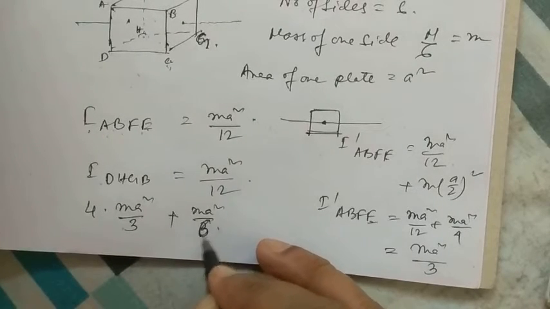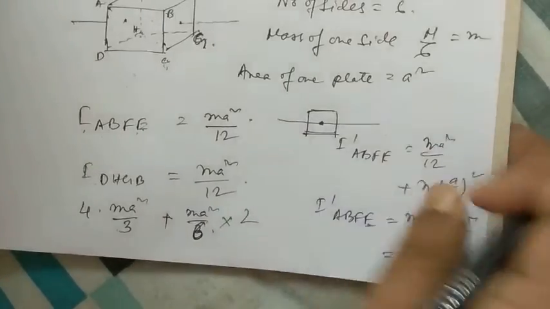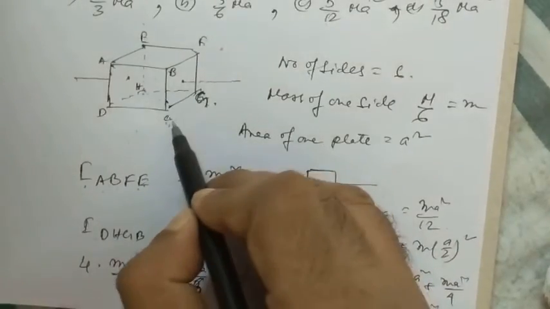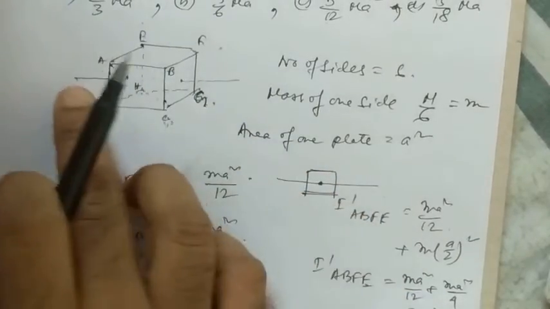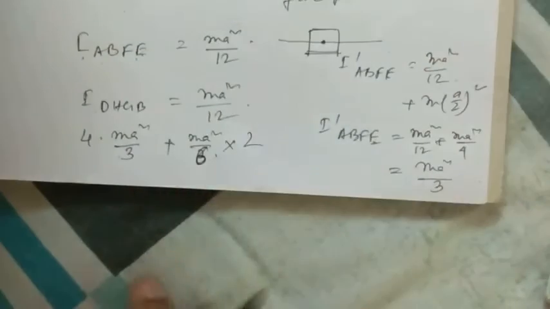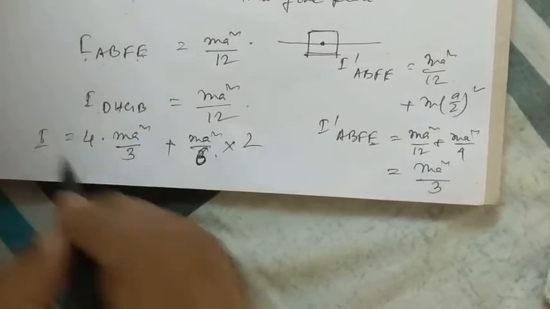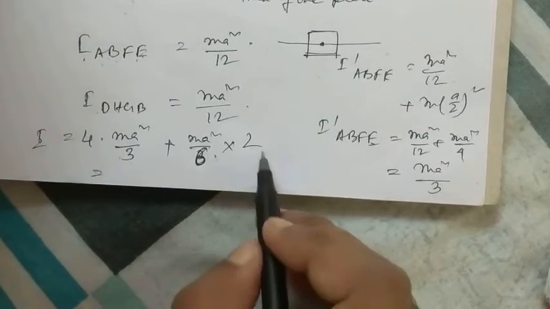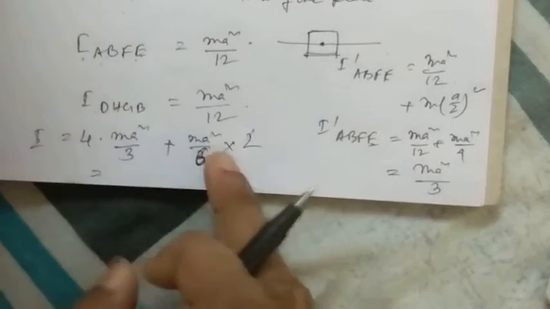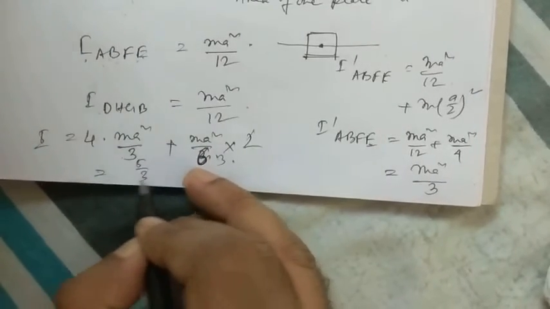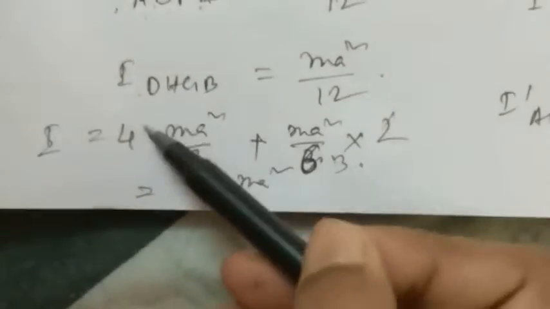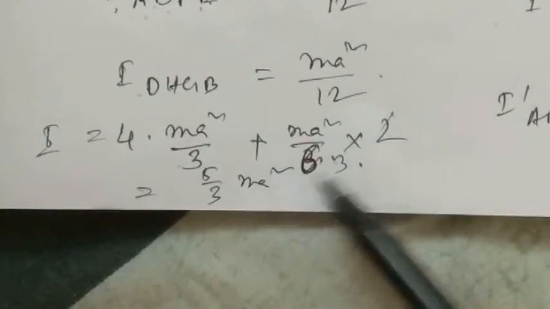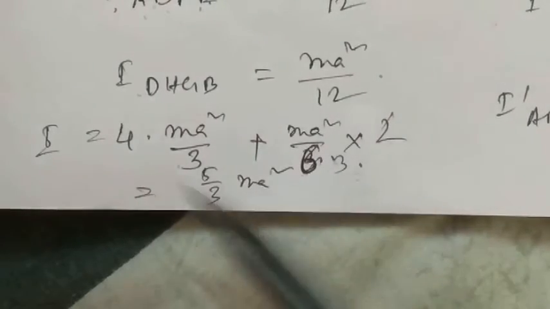Ma square by 6 into 2, because there are two sides, one is BFGC and another is AEHD. In these two sides, the axis has intersected through the centers. So this will be the required moment of inertia. So 4 by 3 plus 1 by 3 becomes 5 by 3 ma square. Here 2 and 6 get eliminated, leaving 1 by 3, so the total becomes 5 by 3 ma square.